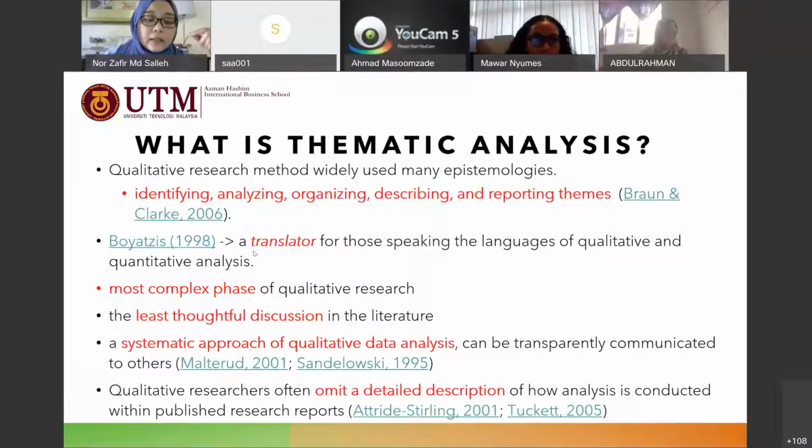He said that it is a translator for those speaking the language of qualitative and quantitative analysis. It means that thematic analysis is in the middle, not too qualitative, and can be understood by the quantitative researcher. So quantitative researchers might want to welcome or use thematic analysis.